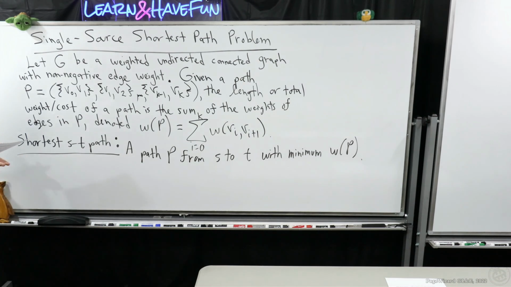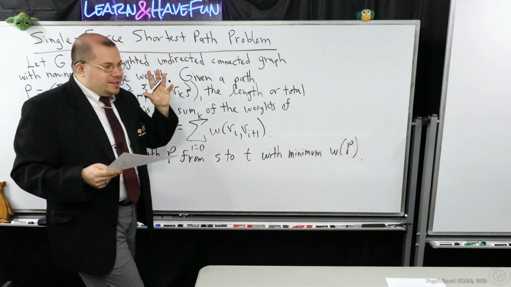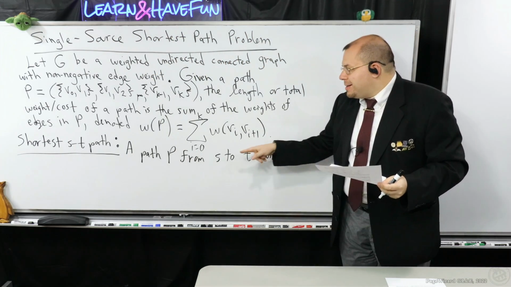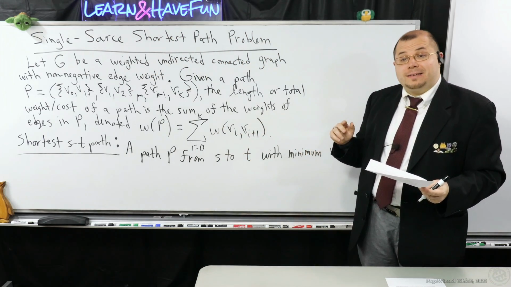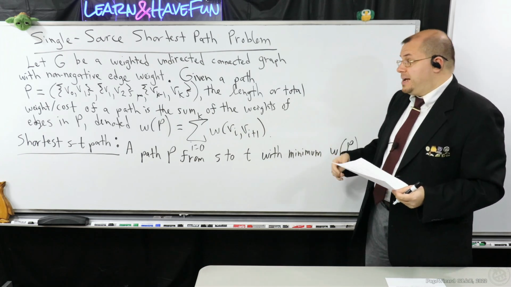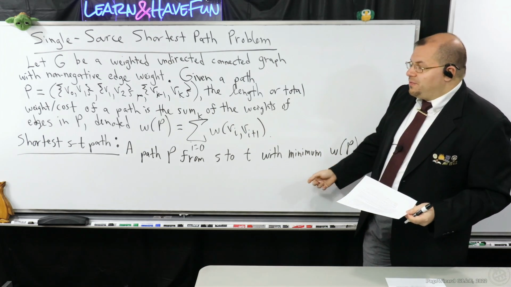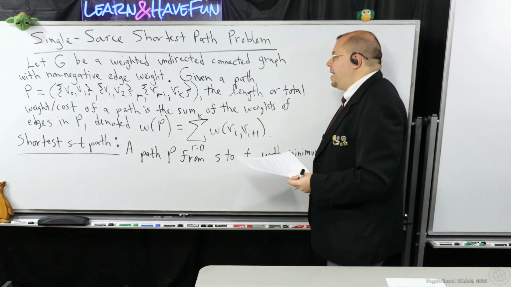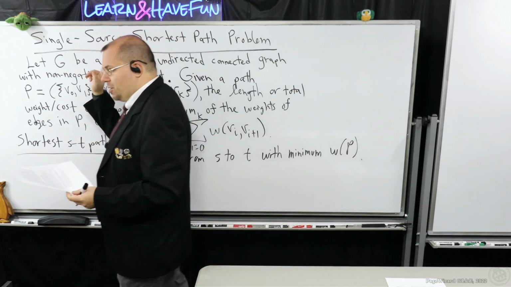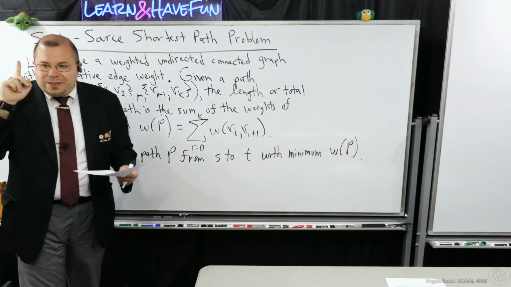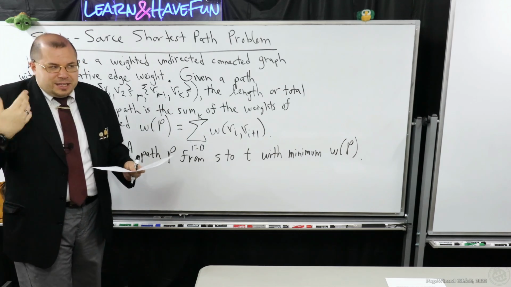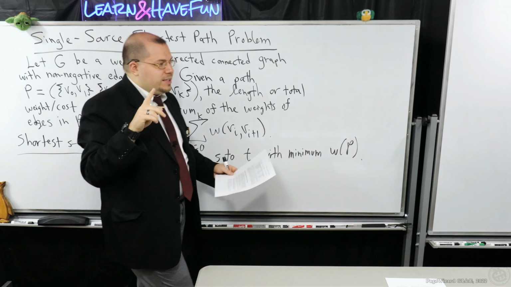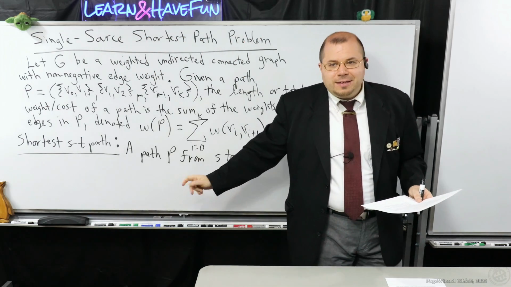The first thing I really want to point out before we get into any examples is I really want to hammer in what a shortest s-t path exactly is from a theoretical standpoint. There are going to be two properties that we would like to have at our disposal in regard to this problem. The intuition is really simple, right? I have this graph and I would like to find the shortest s-t path.